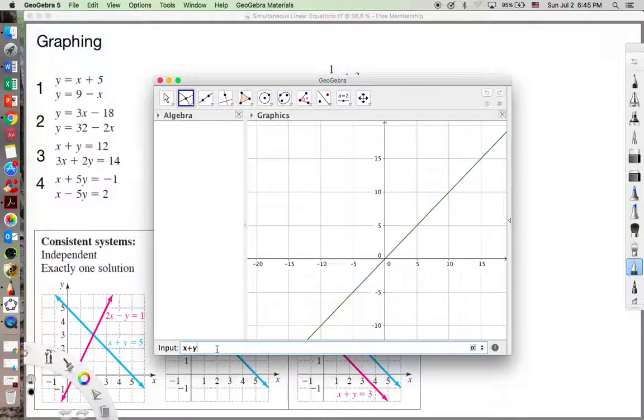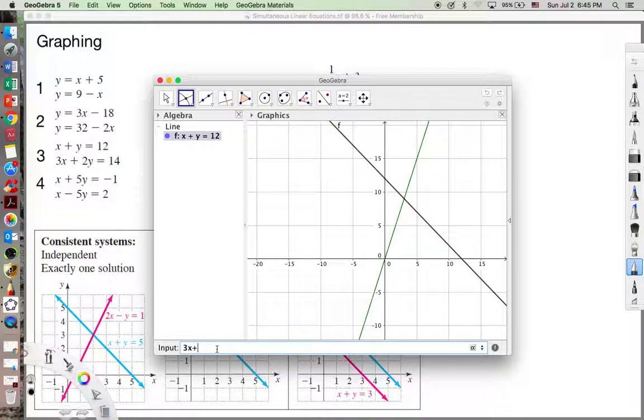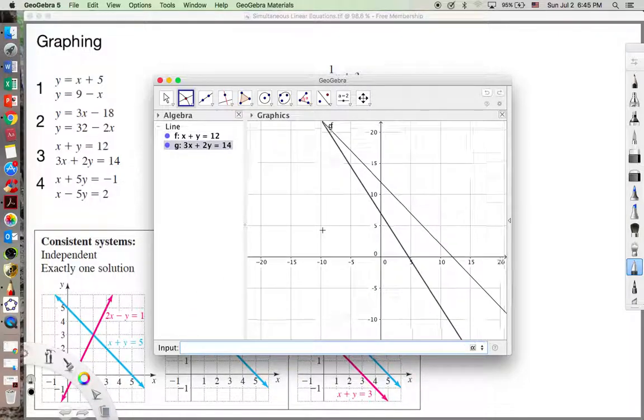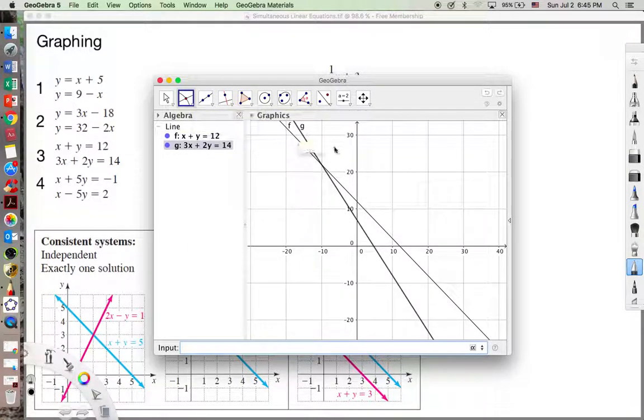Now do it the other way: x plus y equals 12, and then 3x plus 2y equals 14. So we've got an intersection there. These are all consistent, independent equations.